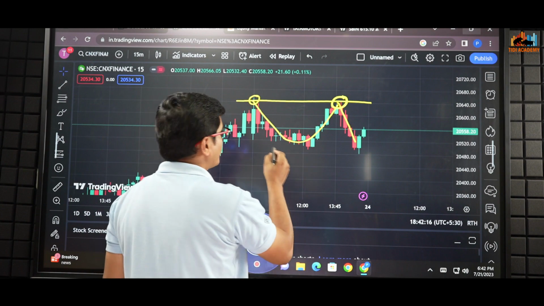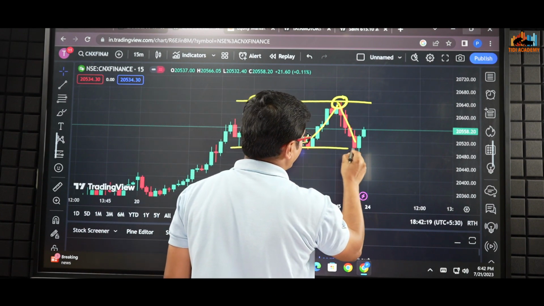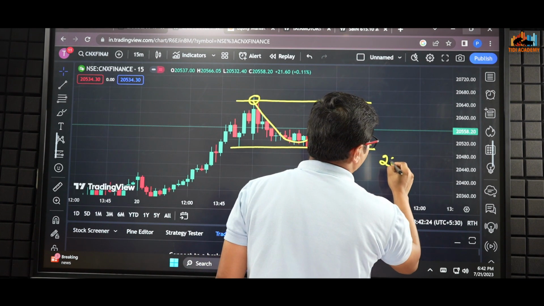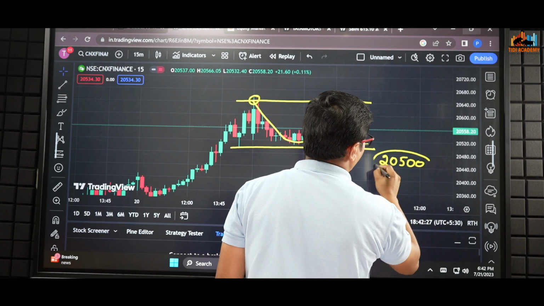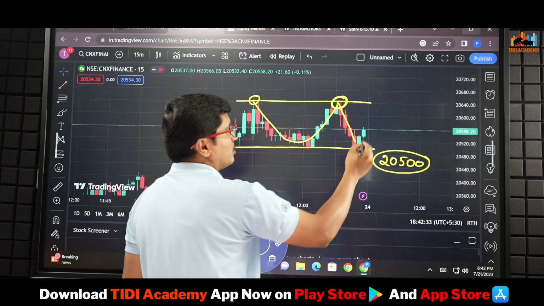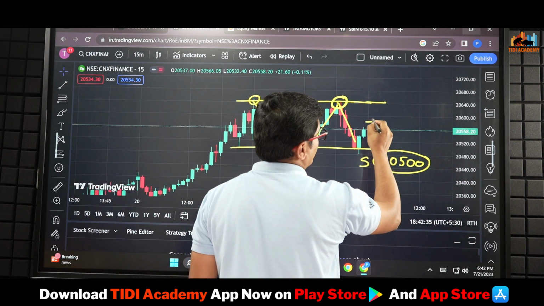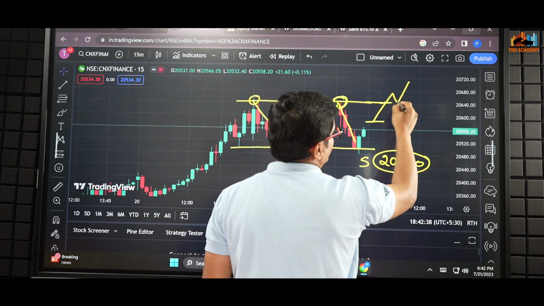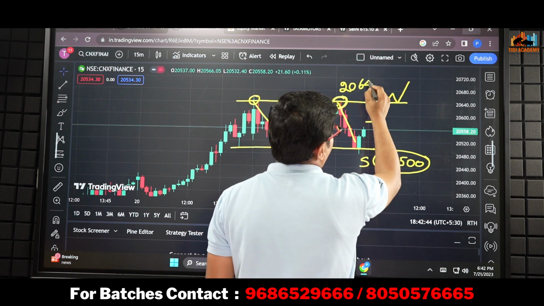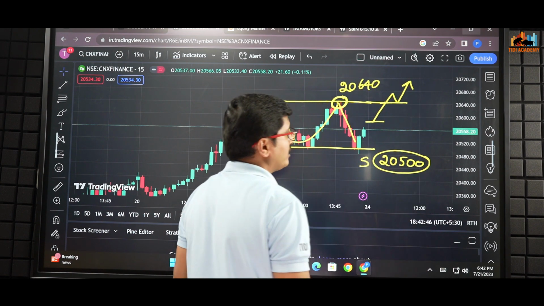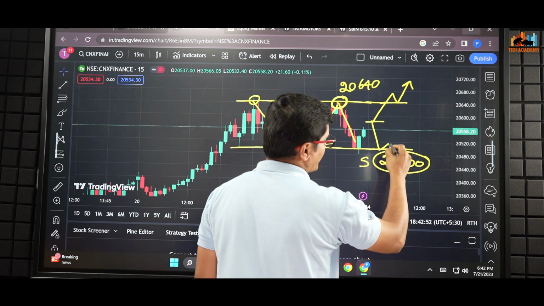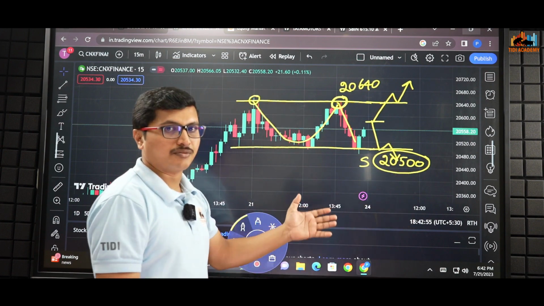After that it took the support of the previous day's swing, which is at 20,500 level. This will act as a support level for Monday for Fin Nifty. On Monday, if it opens flat and breaks the high level where the double top has formed, around 20,640, we can see a further up move in Fin Nifty. Or else if it opens flat and breaks the support level which has formed today, we can see further downside in Fin Nifty.